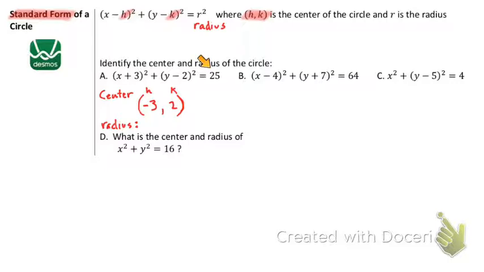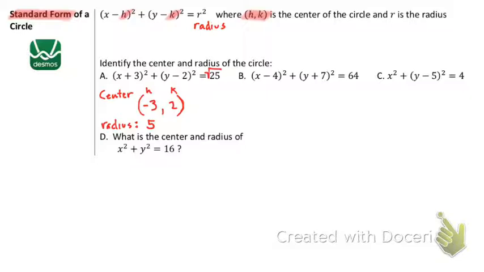To find the radius, it's very simple. We're going to take the square root of 25. So we square root, and that will give us our radius. What number multiplied by itself gives me 25? And that number is 5. So we just found the center and now the radius.